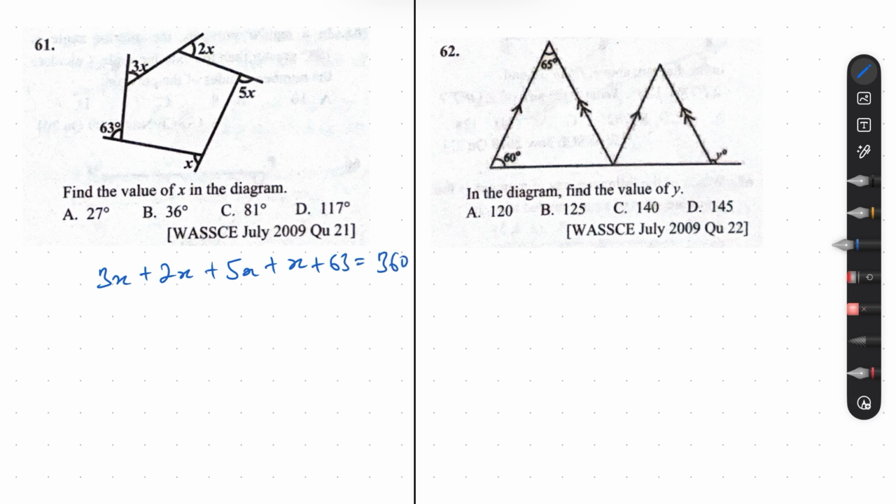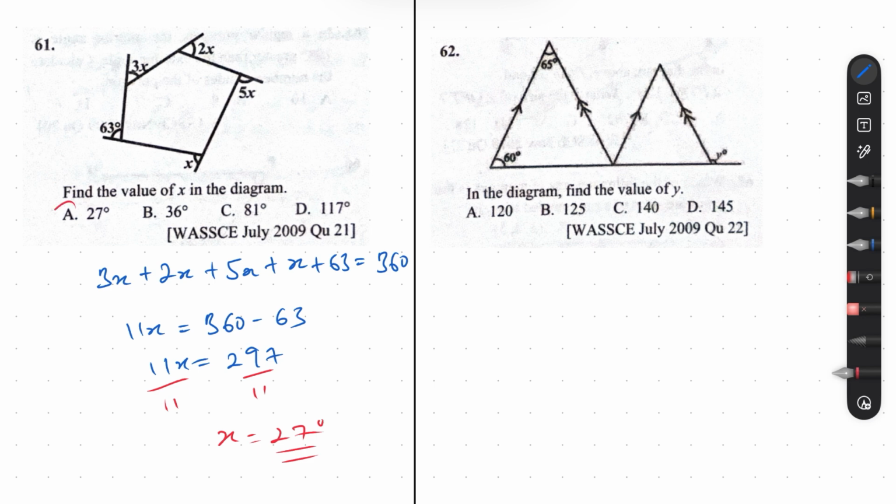So we have 11x equals 360 minus 63, which gives us 297. 11x equals 297, so let's divide by 11. We find our x to be 27, which is A.